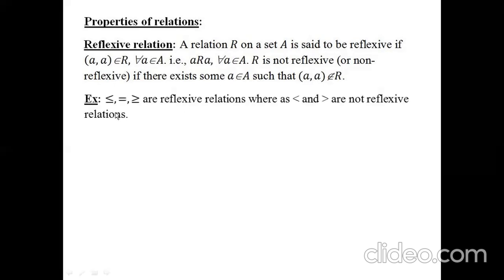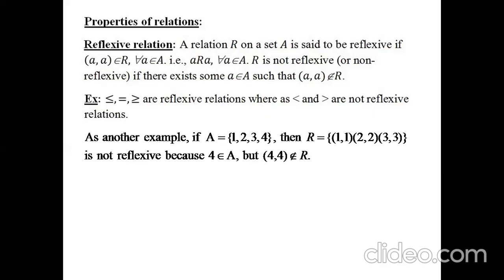Example, the symbols less than or equal to, greater than or equal to are all reflexive relations, whereas less than and greater than are not reflexive relations. This is one of the simple or basic examples for reflexive and not reflexive.